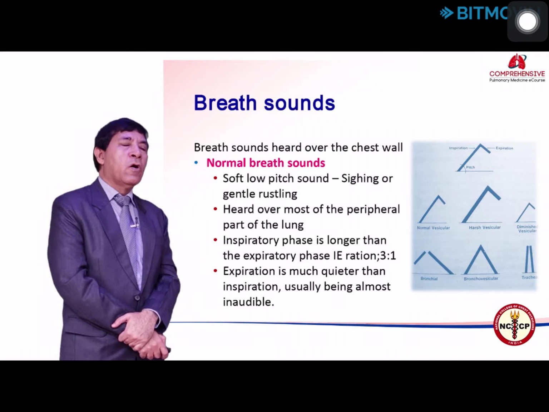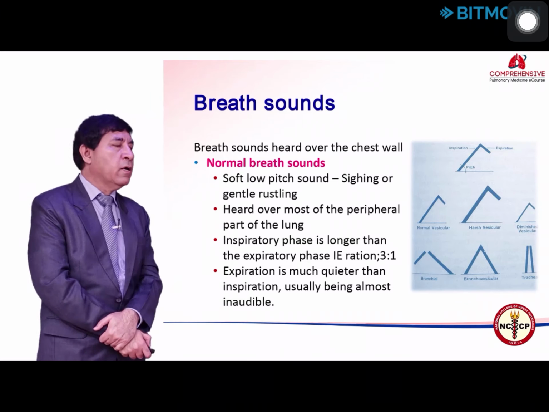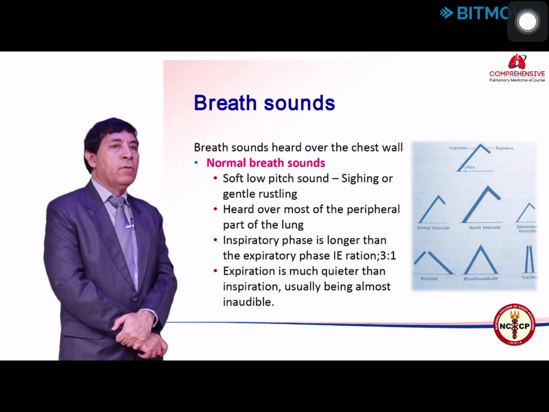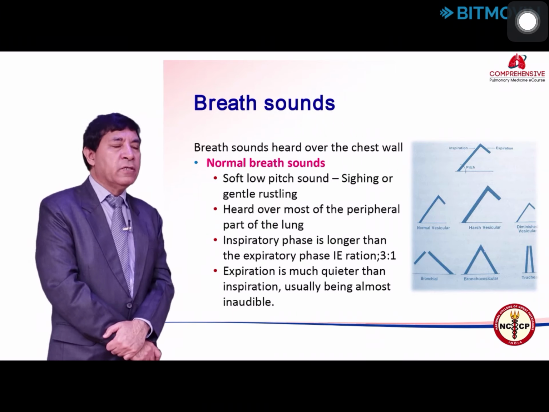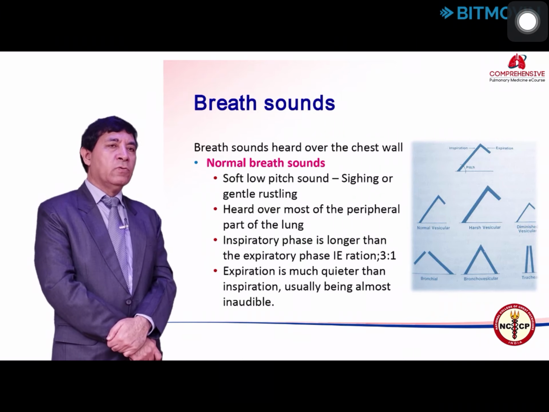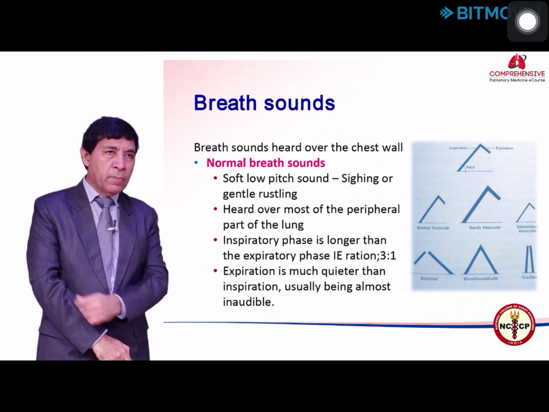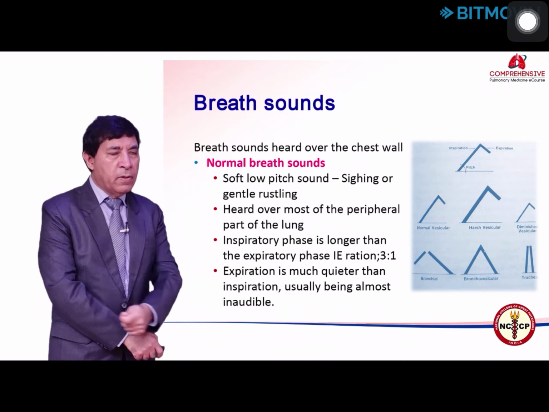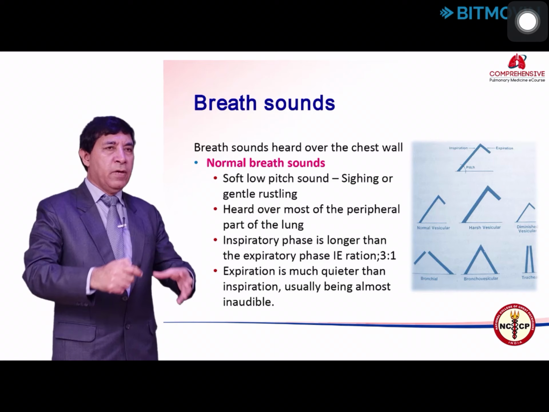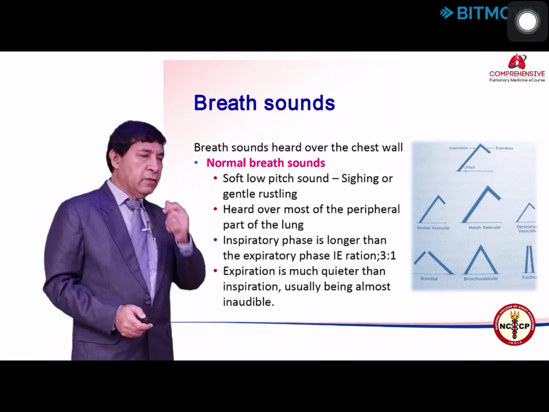So contrary to the previous thinking that most of the normal breath sounds are produced at the alveolar level, by studying their acoustic principles, we now know that the breath sounds are produced by the turbulence of the flow, and the turbulence is mainly seen in the central airways. That means the trachea, the main bronchi, and the segmental bronchi.